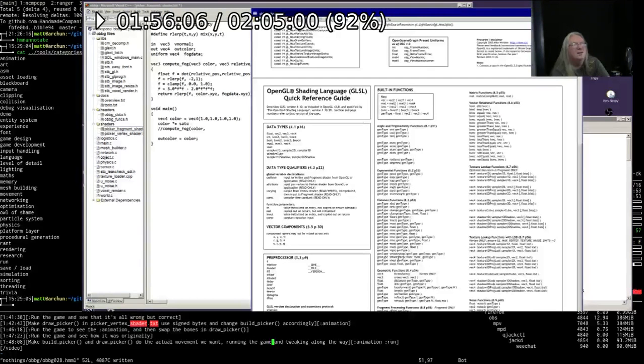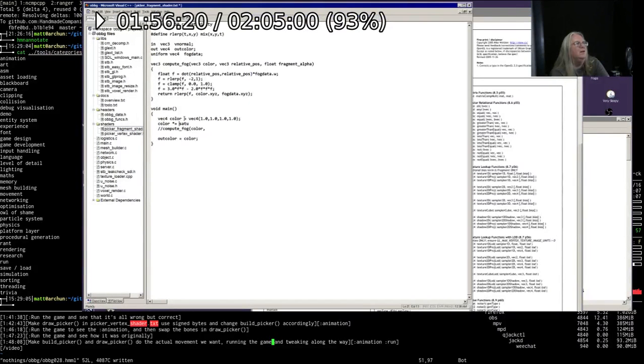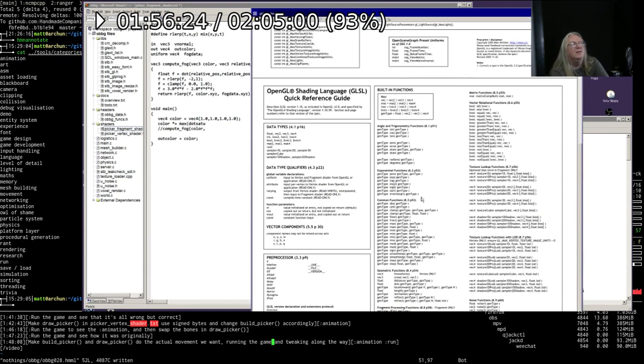Clamp. And no saturate. I guess you also just use max. Dot.